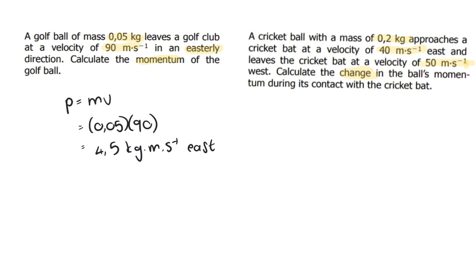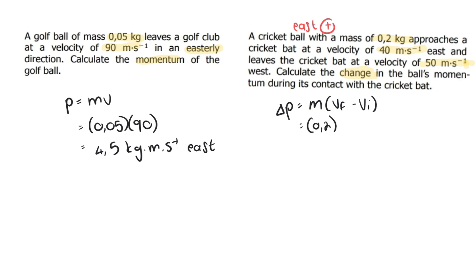So remember, sometimes they give you the change in momentum and they ask you to calculate one of the velocities. In any way you use this equation. So now I need to choose a direction as positive. I'm going to go with east as positive. So the mass is in kilograms already, so that's nice, 0.2.